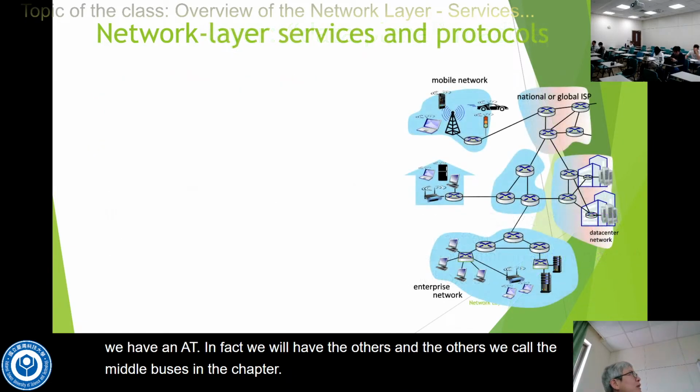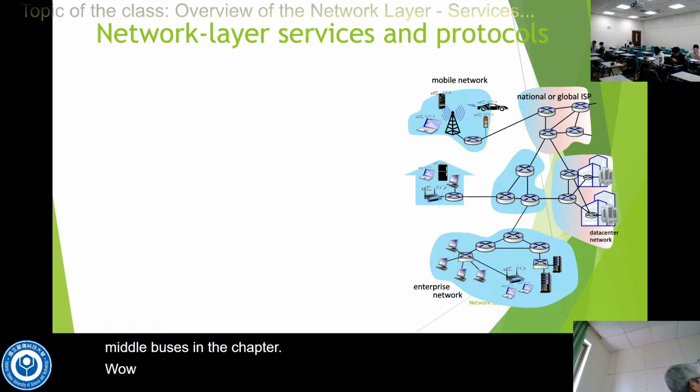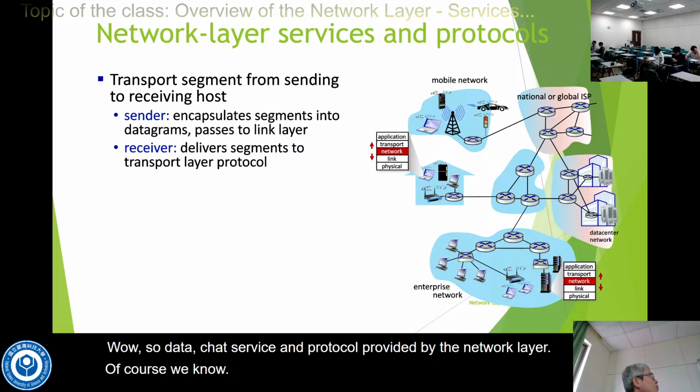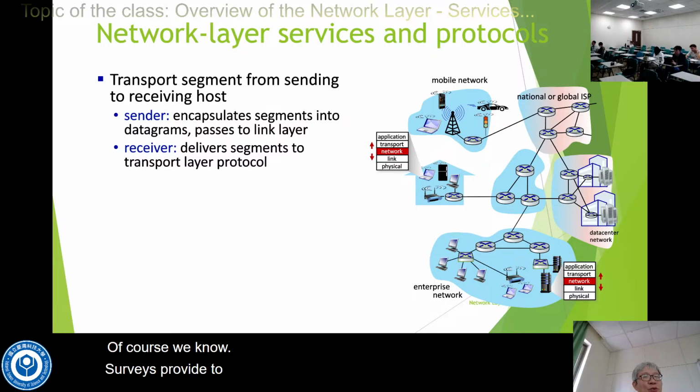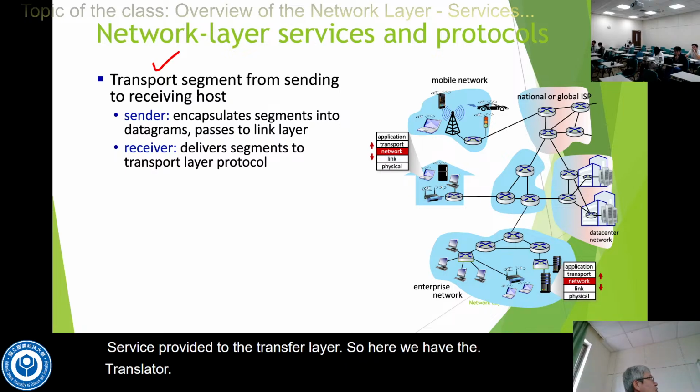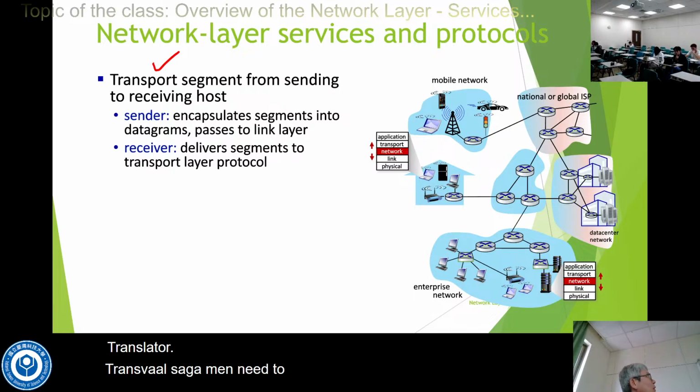So let us check the service and protocol provided by the network layer. Of course, we know it provides service to the transport layer. So here we have the transport segment. The transport segment needs to be passed through the network layer.